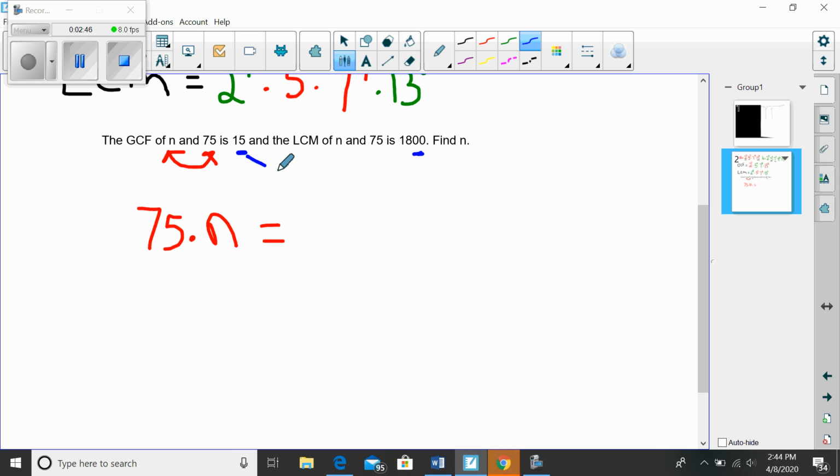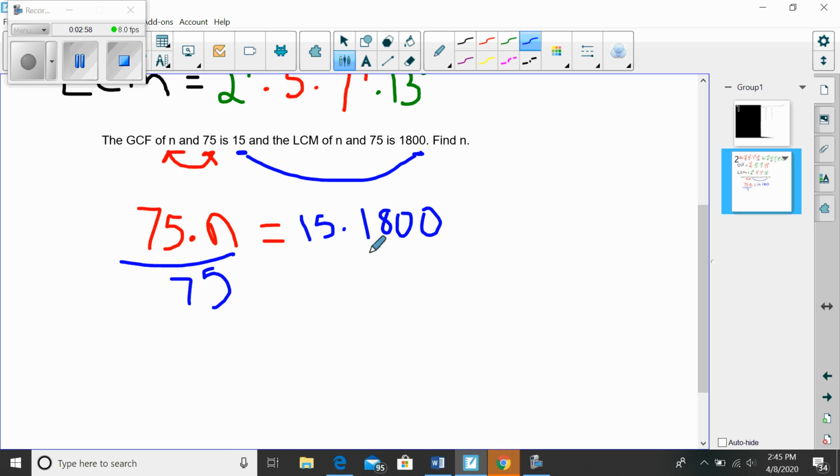So if I multiply the GCF and the LCM, that has to equal the product of the two numbers. All right, so I would divide both sides by 75, and I get n equals 360. All right, so like I said, we're going to elaborate on this rule and some of the interesting things that it tells us. We'll look into that more on Tuesday.